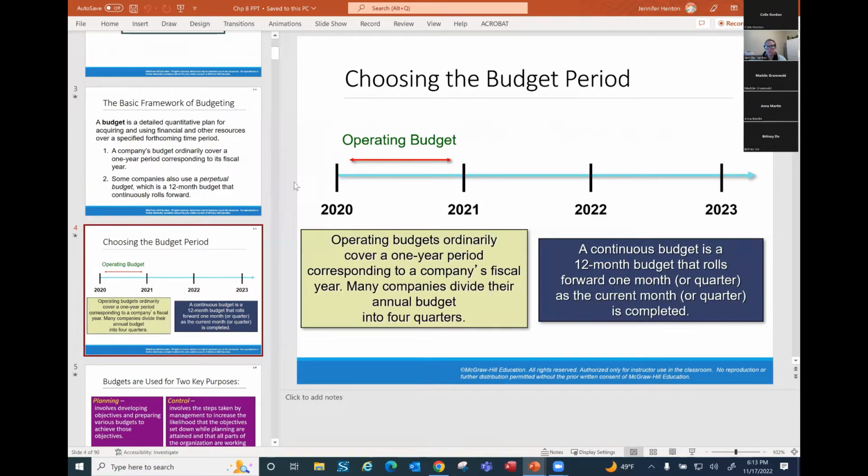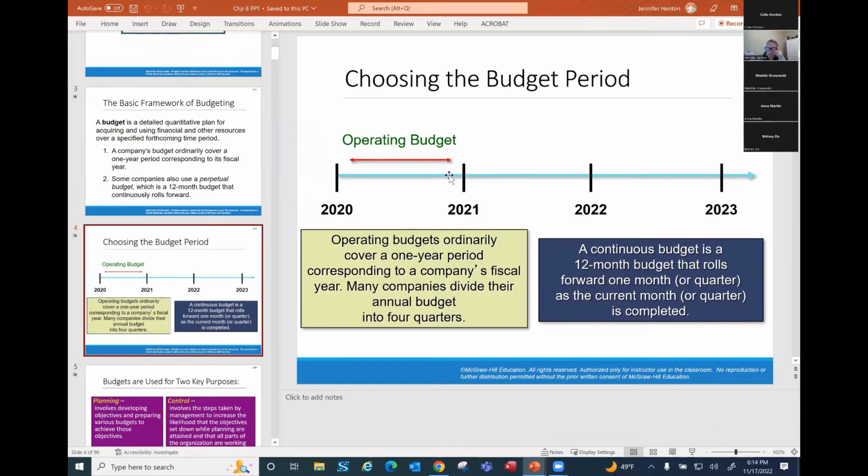So if we're looking at from 2020 to 2021, we have an operating budget right here that would ordinarily be that 12-month period of time for that calendar year. So we'd have that annual budget. That's how we do it. Where I work, and most places that I've worked, we've always done an annual budget. But again, keep in mind, this would shift. So you're always looking at 12 months.